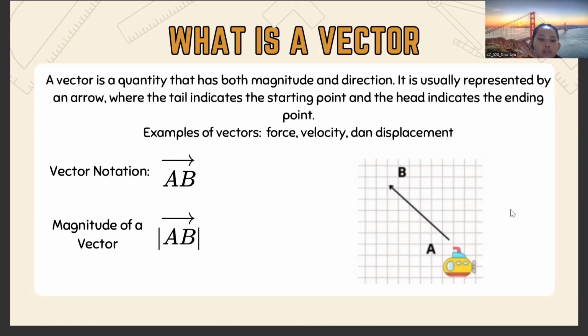The tail of the arrow represents the starting point and the head represents the ending point. Some common examples of factors are force, velocity, and displacement. Unlike factor quantities, mass, temperature, and time only have magnitude and are called scalars.